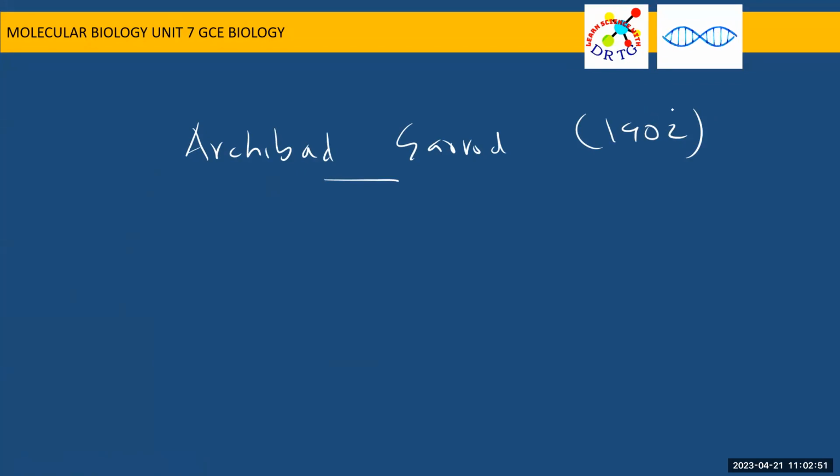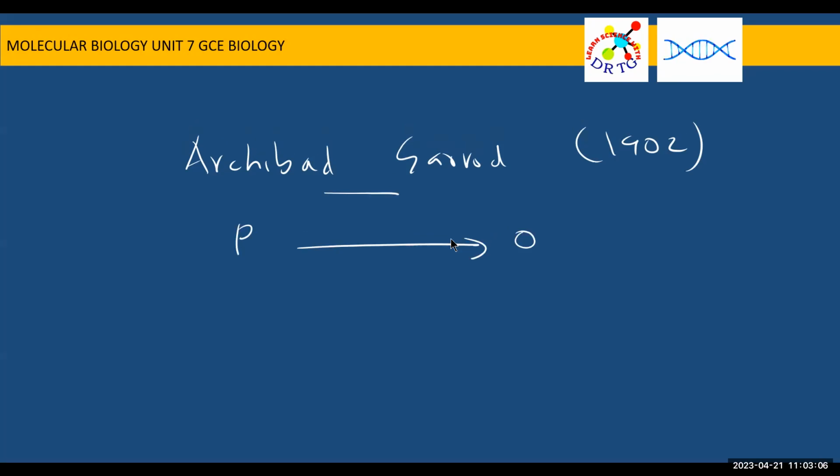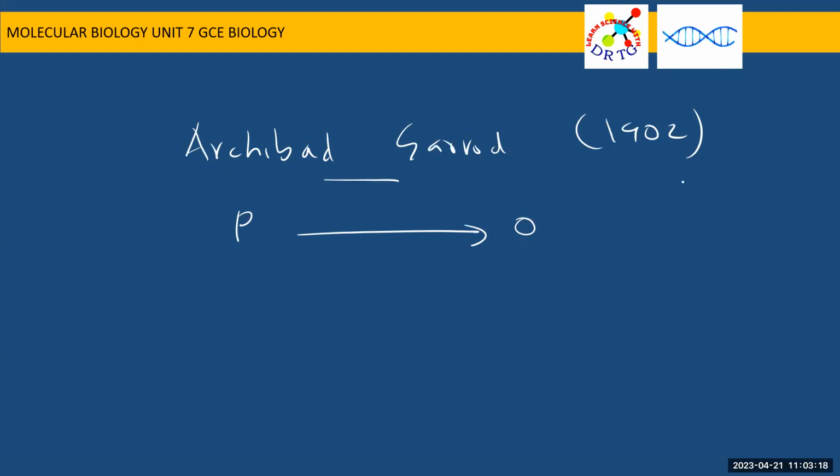Now he tried to use this theory to explain how genetic diseases, some kind of disorders, pass from parents to offspring. So he used this theory, which was completely new at that time.